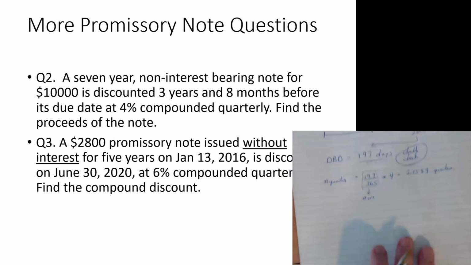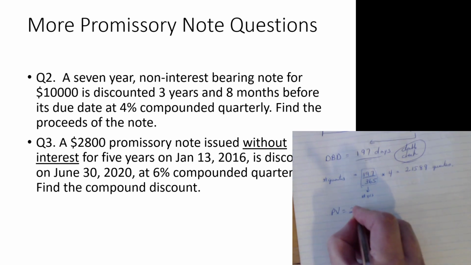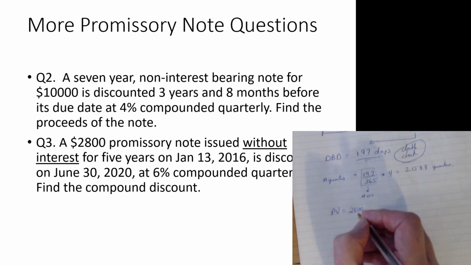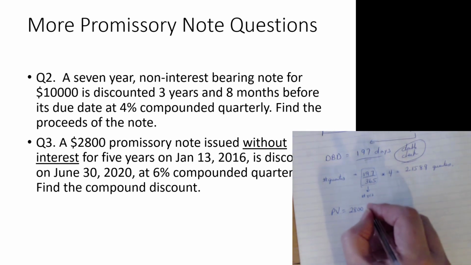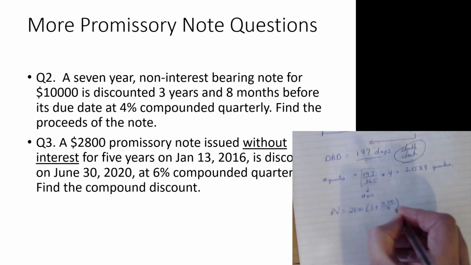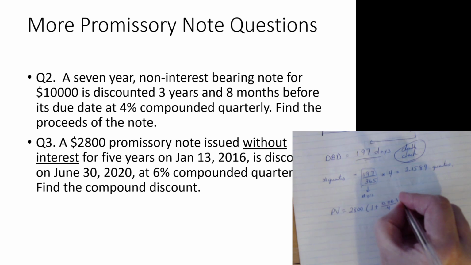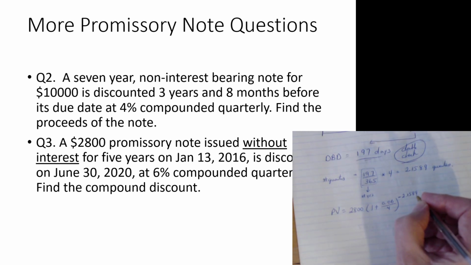So you can see this question has a lot of good stuff in it. I'm going to find the present value of that $2,800 because, of course, it is without interest. So the maturity value is the $2,800. We already know the future value. Then 1 plus 0.06 divided by 4, because that's quarterly, and then a negative exponent because this is the present value, 2.1589, because that's the number of quarters.